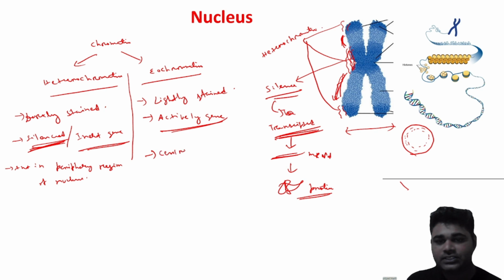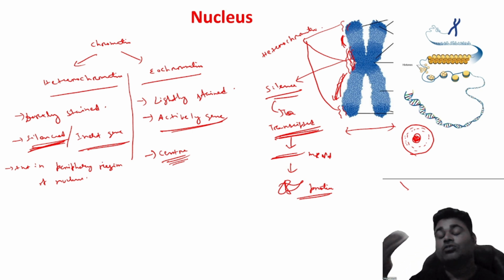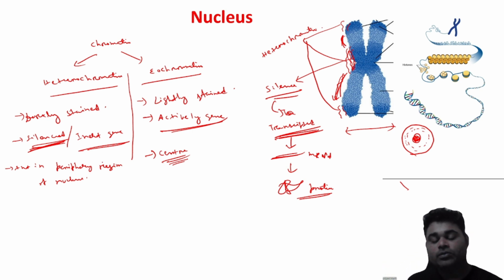That means at the central part the euchromatin is present, while at the periphery region the heterochromatin is present.